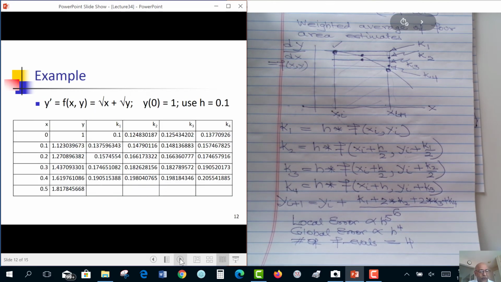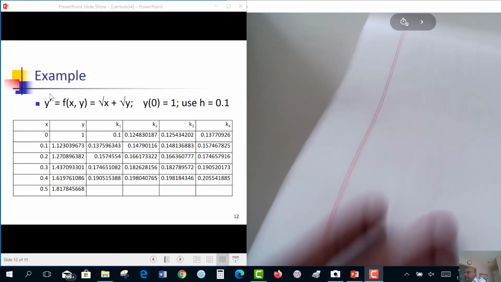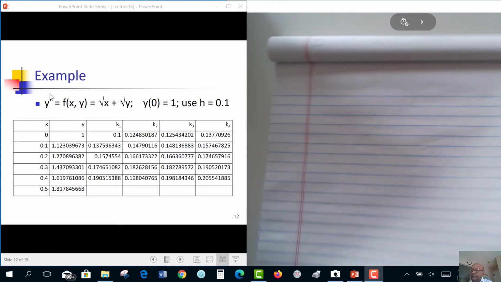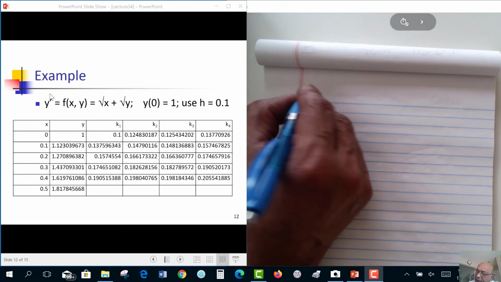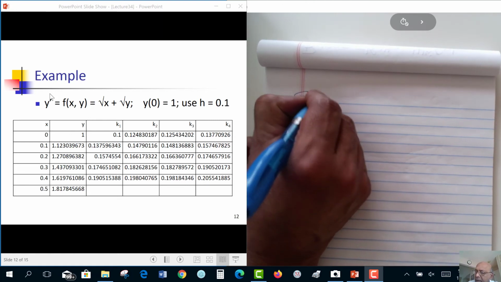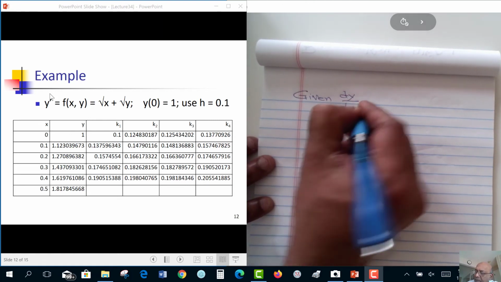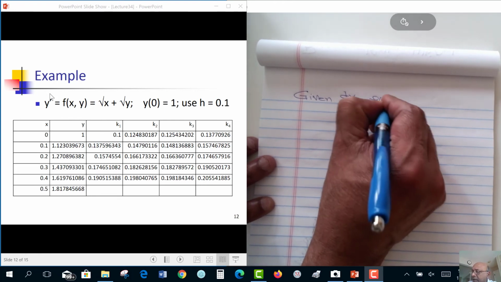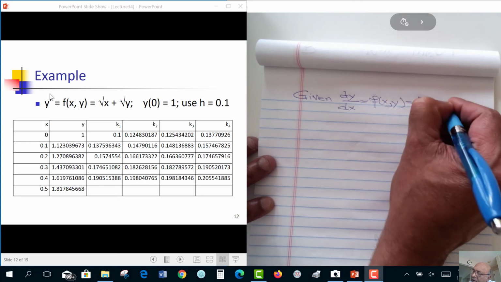All right, so we are going to do our example. So we'll use the same example problem that we have been working with. And please work along with me. So we are given dy dx, which is a function of x y, is square root of x plus square root of y.